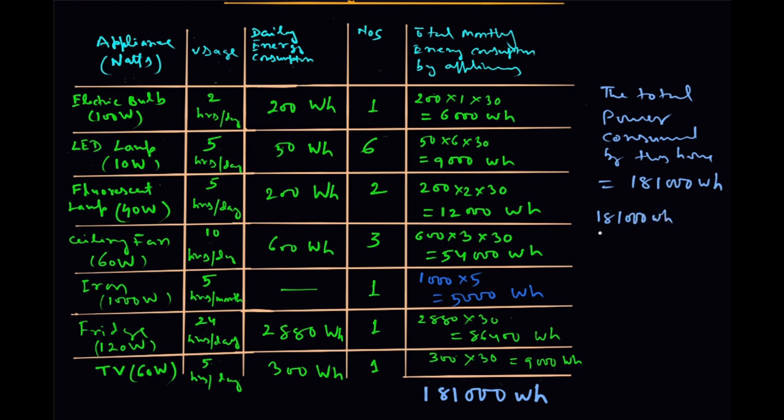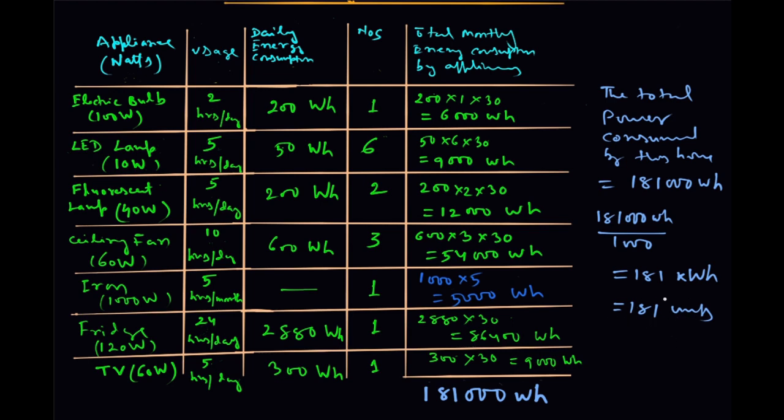Watt hour divided by 1000. So how much do we get? We get 181 kilowatt hour. This much kilowatt hour is consumed by these appliances, or the total energy consumed by the house. That is the same as 181 units. 1 unit is 1 kilowatt hour, so in total it is 181 units.